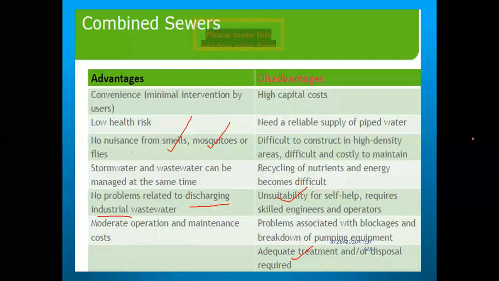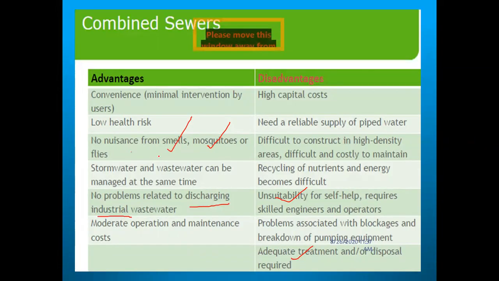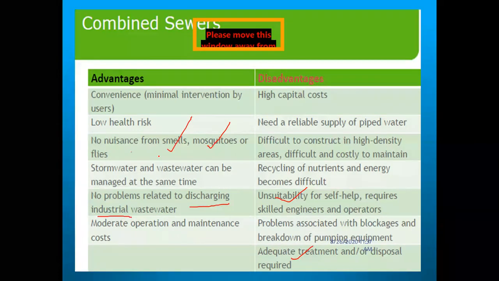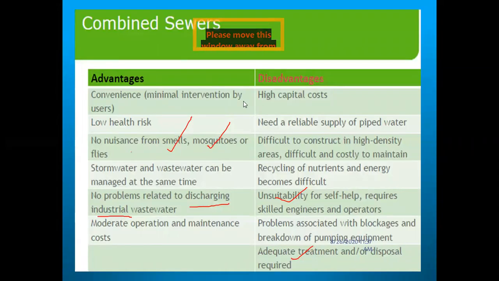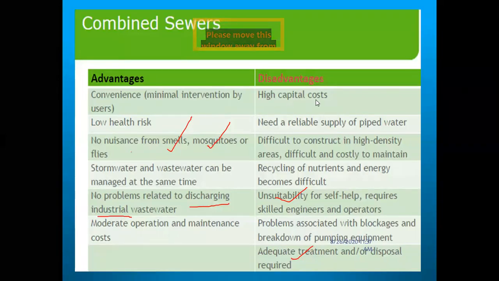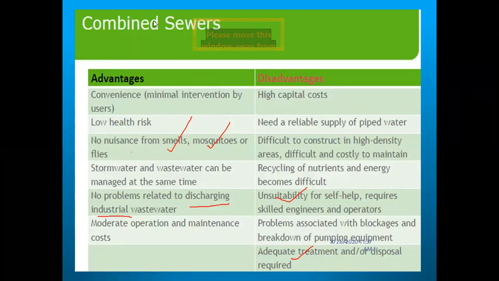We have seen the meaning of the combined system in the last class. In the combined system, the stormwater, sanitary water, and municipal waste are all mixed in a common pipeline, and thereby the sewage comes into the sewer system. Here we have a high capital cost because it combines all types of sewers.